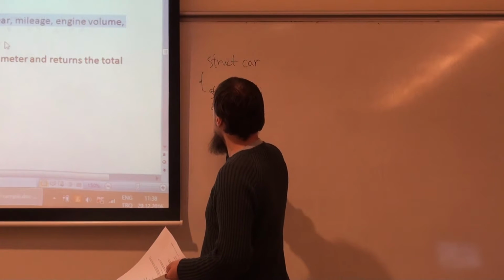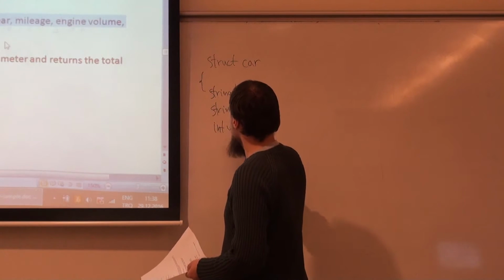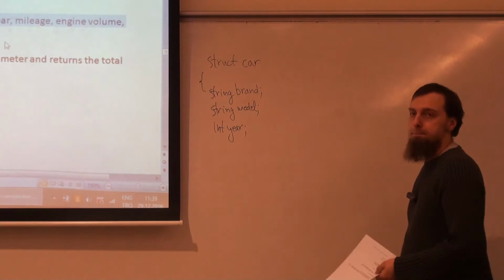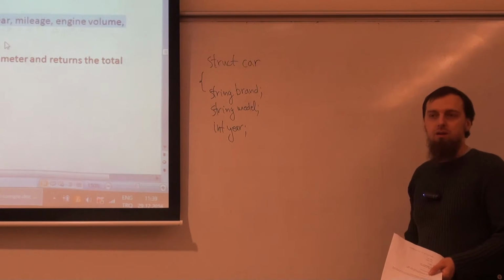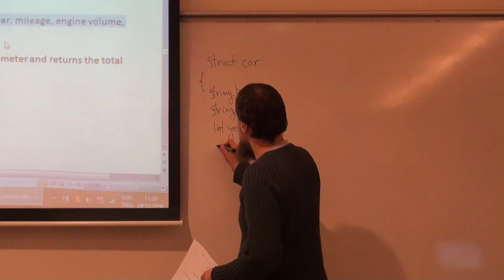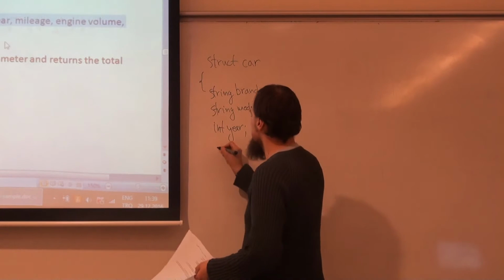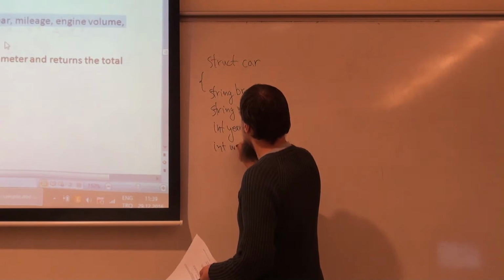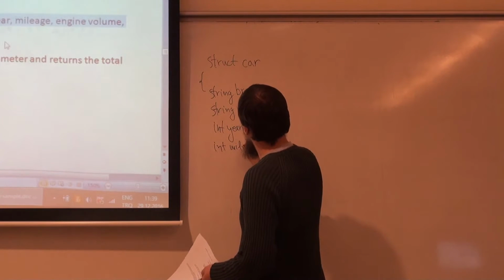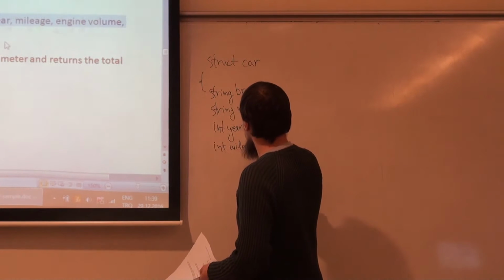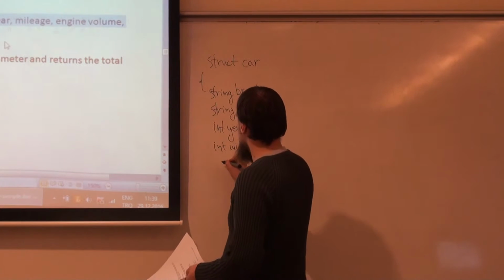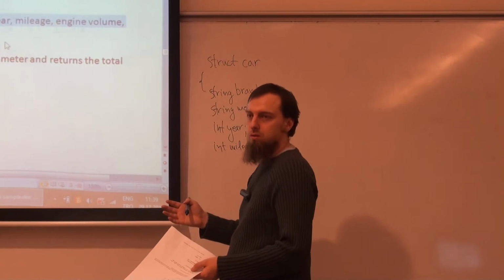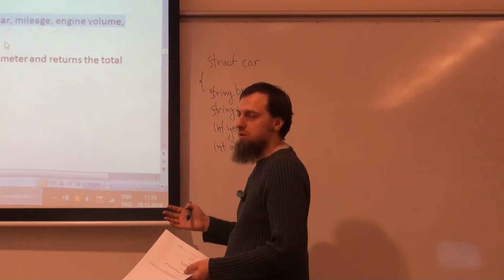Year it's produced. It's an integer, it's obvious. Mileage, it's what? Integer also. We can say even it's an unsigned integer, but let us write it as integer. Volume, it's what? It's usually an integer.